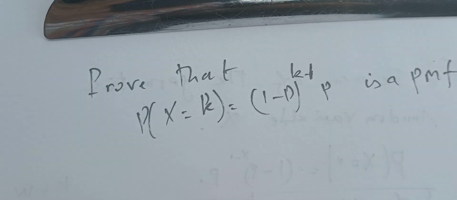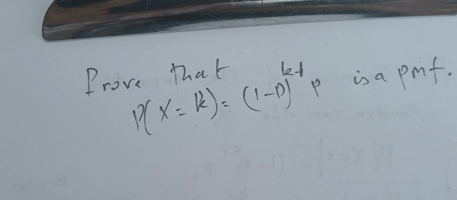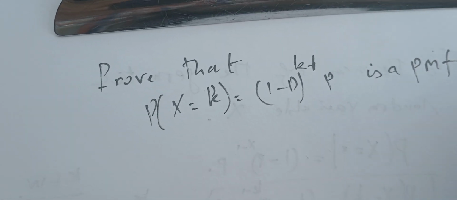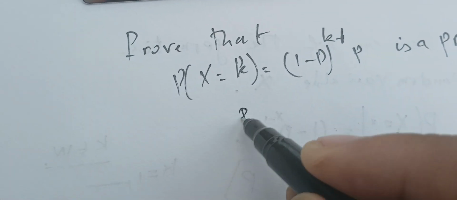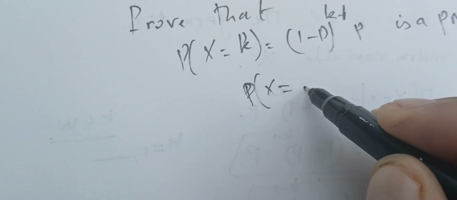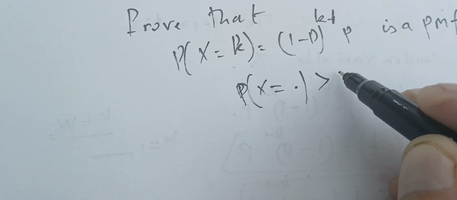Okay, so in the discrete case, instead of calling it probability density function, we call it probability mass function. And that means in our case we will have to prove that this definition that we have given to P_X is bigger than 0, so that means any value is bigger than 0.